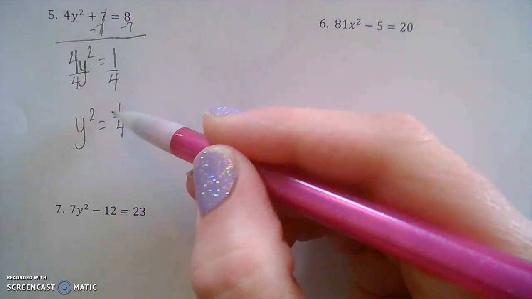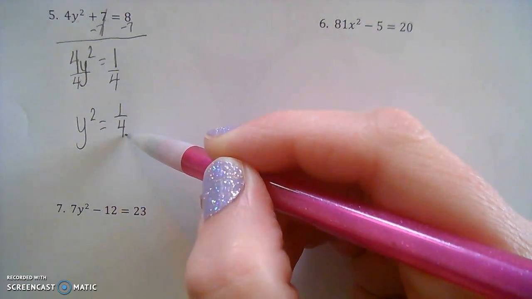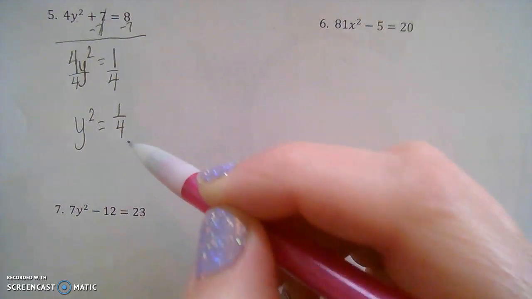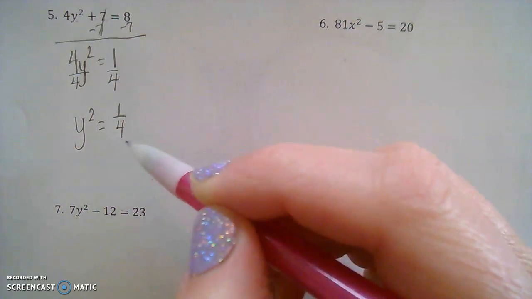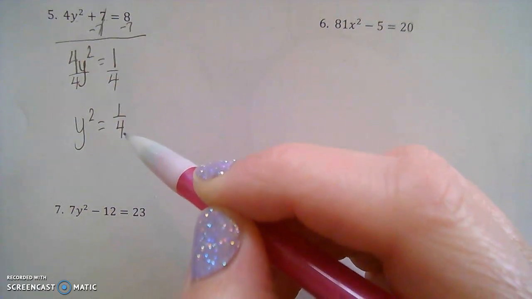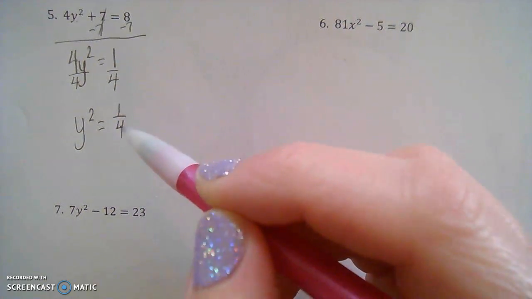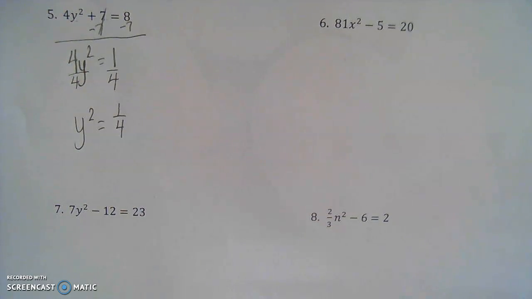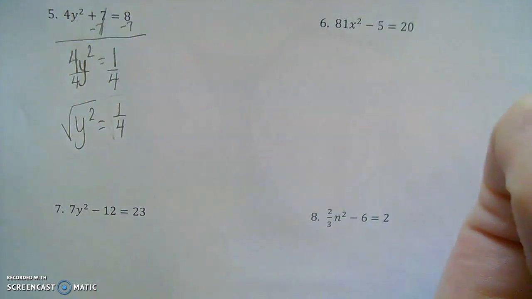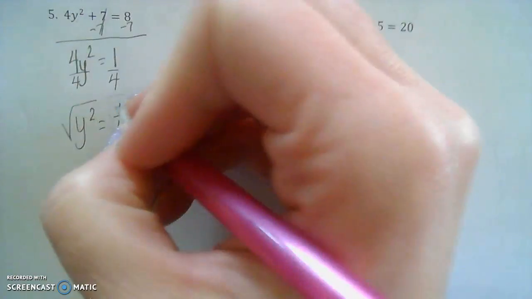You should realize that 1 and 4 are both perfect squares. For the ones we do today on your worksheet, both top and bottom, numerator and denominator, are going to be perfect squares. Obviously, that's not always true, but to make things a little bit easier, I made sure that was true. So when you take the square root, you can either do one big square root, but I would recommend doing a square root on each one separately.